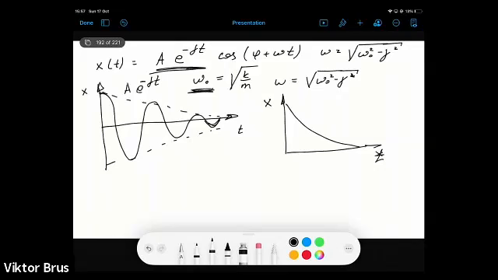So this discussion was quite heavy with equations. What you definitely have to remember is the final solution, and you need to be able to explain that the frequency of the underdamped oscillation is given by this equation, and the amplitude of underdamped oscillation decreases over time according to the prefactor in front of this cosine.